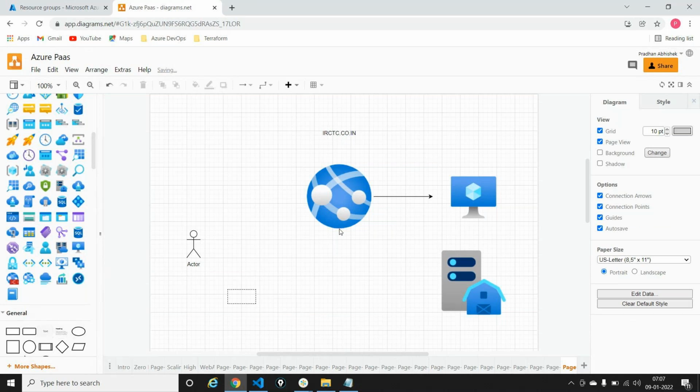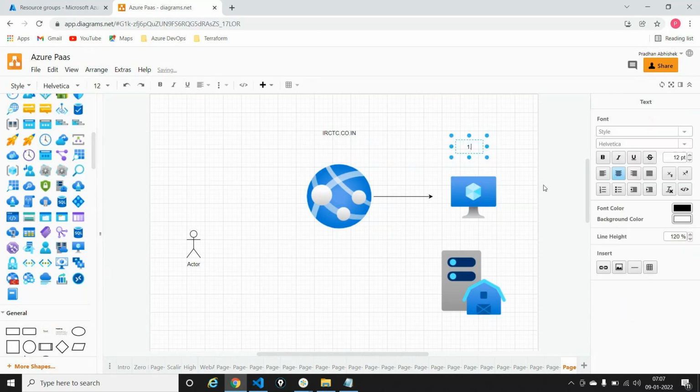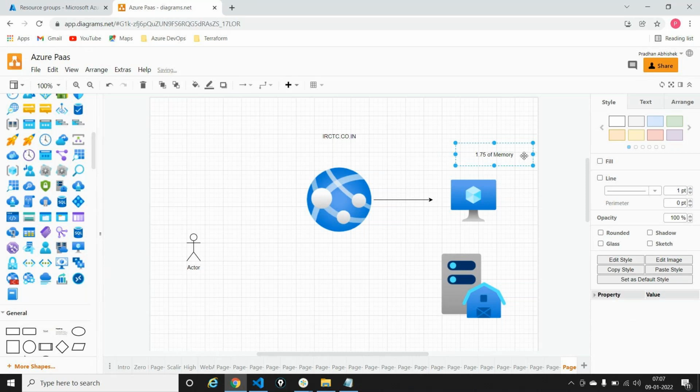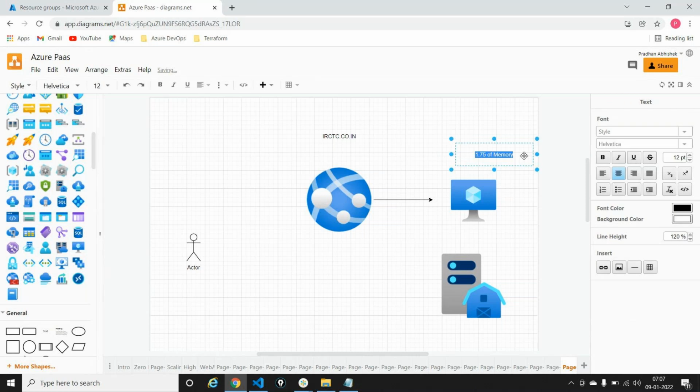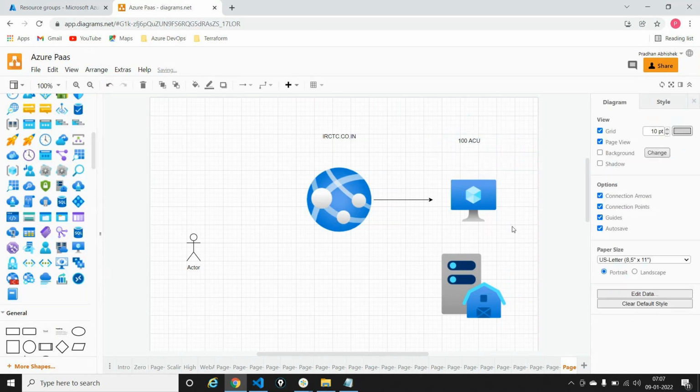Let's imagine that I am on a plan called S1, which gives me 1.75 GB of memory and around 100 total ACUs, Azure Compute Units. This is the capacity it gives you.